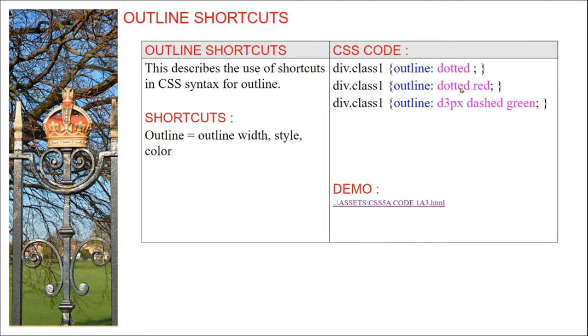Dotted red is the style and color, and outline 3 pixels dashed green is the width, the style, and the color. So that's a quick way of writing the CSS command, saving space, and easier to read and maintain.